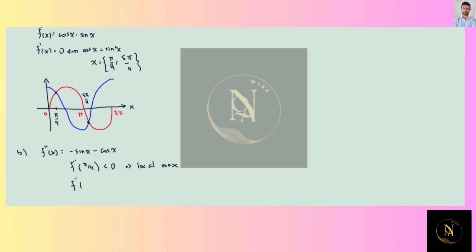On the other hand, f double prime of 5 pi over 4 is positive. Both the cosine and sine are equal at this point, and its negative value is minus the square root of 2 over 2. And with these extra minus signs, we find f double prime of x is positive at this point, meaning that this critical point corresponds to a local min.